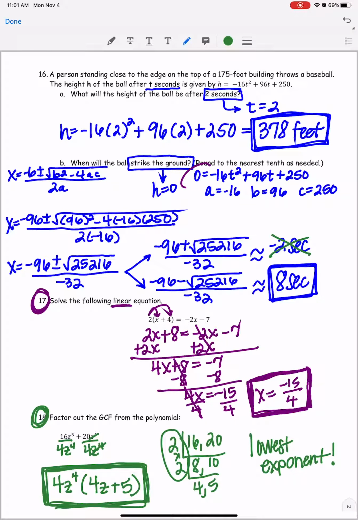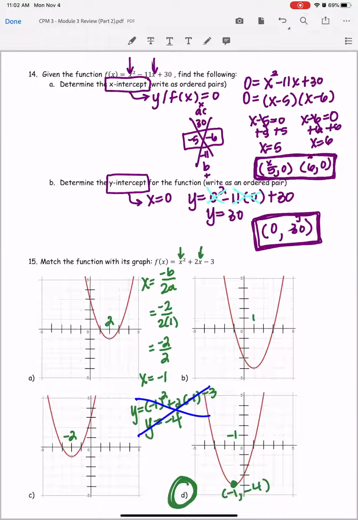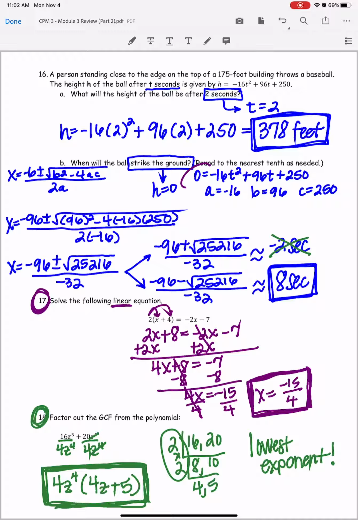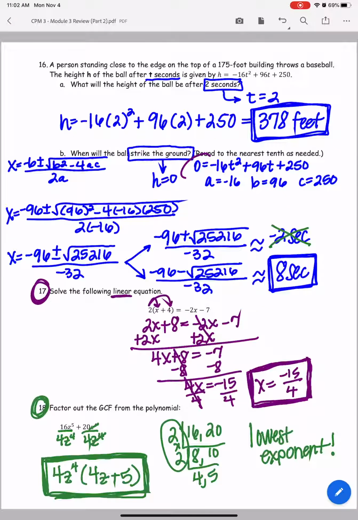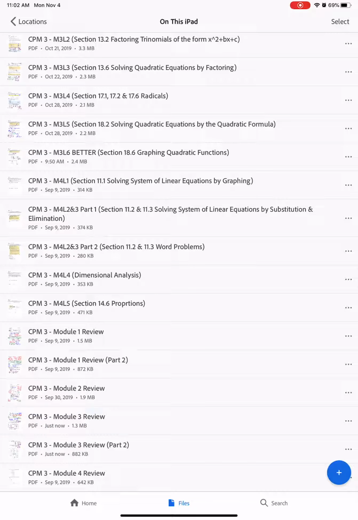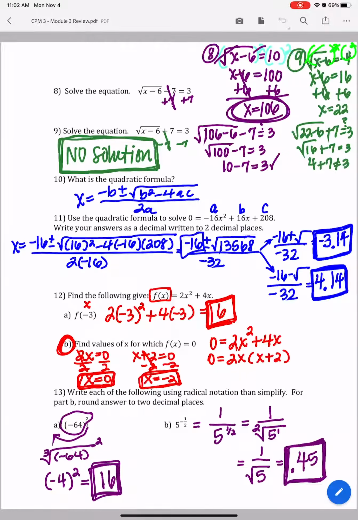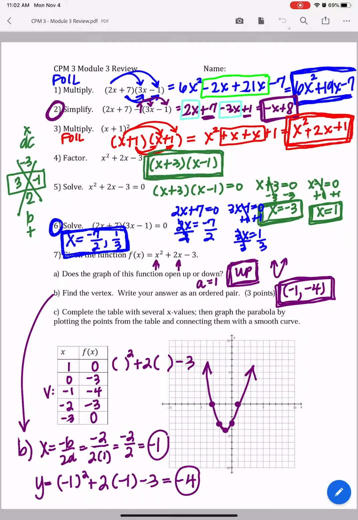All right. I don't want to discourage you guys, but this is a hard test. So please pay attention to those numbers that I have circled: 17, 18, 6 and 2. Those are some commonly missed questions. Anything that you're struggling with, maybe rewatch that a couple times.